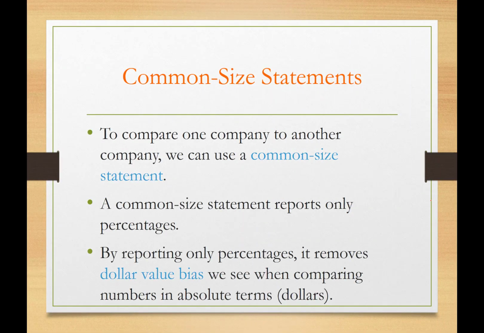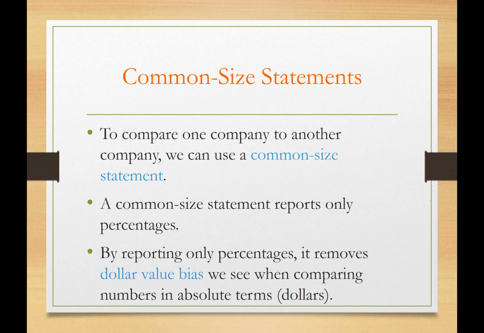When you think of common size statements, you can use them when you're comparing your performance with another company. Basically, you would just take a look at the percentages. The reason is, if everyone starts off with sales being 100%, when you get to net income, is net income 4%? Is net income 10%? You would be able to compare each item, cost of goods sold, your operating expenses, your net income or net loss, all on a percentage basis, and it wouldn't really matter what the dollar value of those items were.